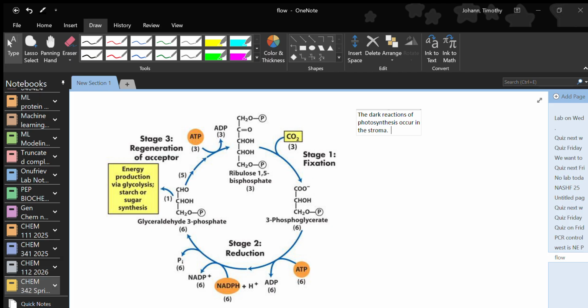Okay, they're called the dark reactions because they don't use light. Somebody in here called them the light independent reactions, which is maybe what they say in biology, and which is more correct. Apparently that hasn't made it to the biochemistry textbooks. It does sound cooler, I agree. So the dark reactions of photosynthesis occur in the stroma. They are called the dark reactions because they don't use light.